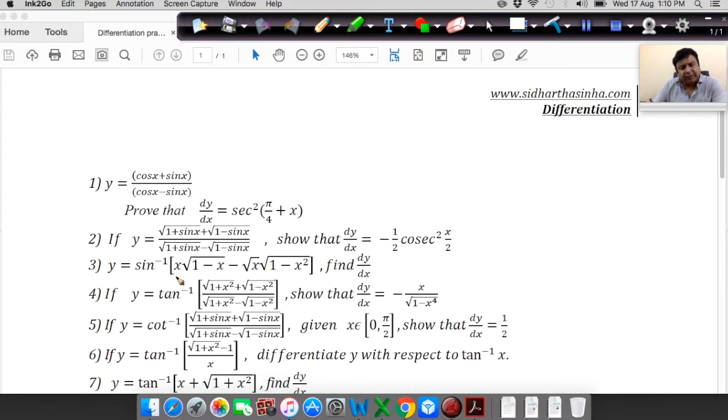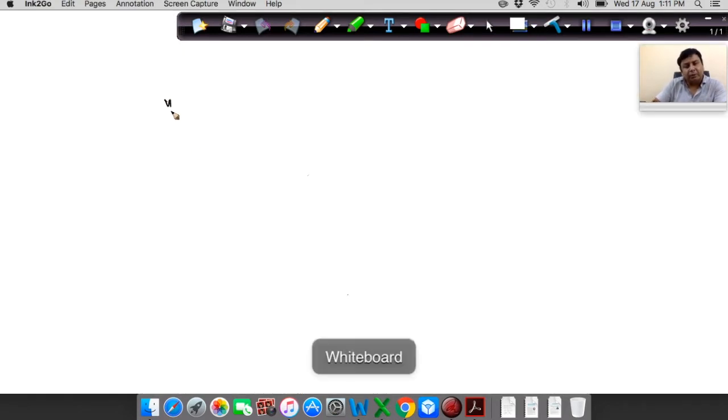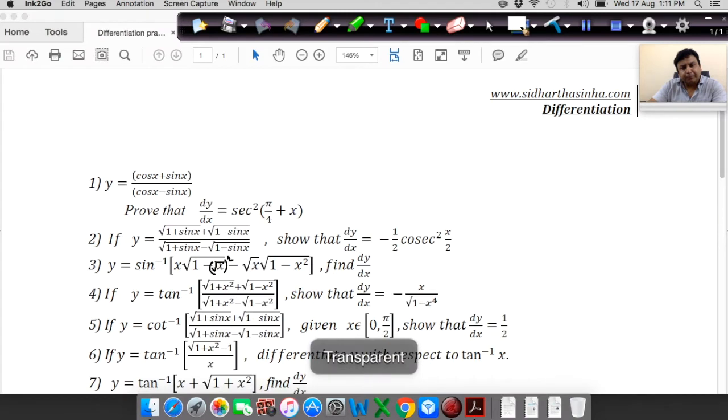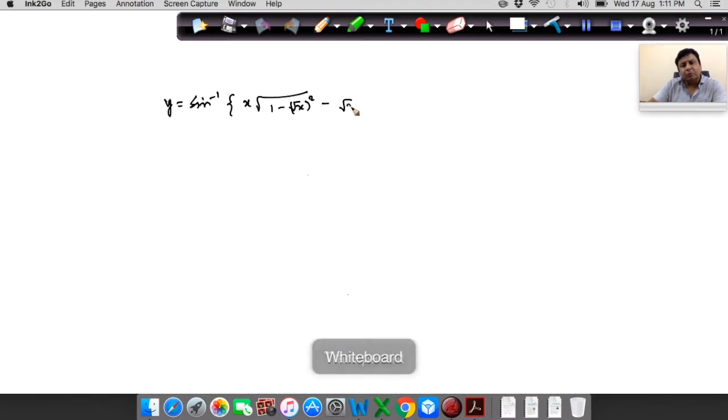Next sum, third: sine inverse x under root 1 minus x minus root x under root 1 minus x square. If you see this meticulously, this is nothing but root x square. So y equals sine inverse x under root of 1 minus root x square minus root x under root of 1 minus x square.